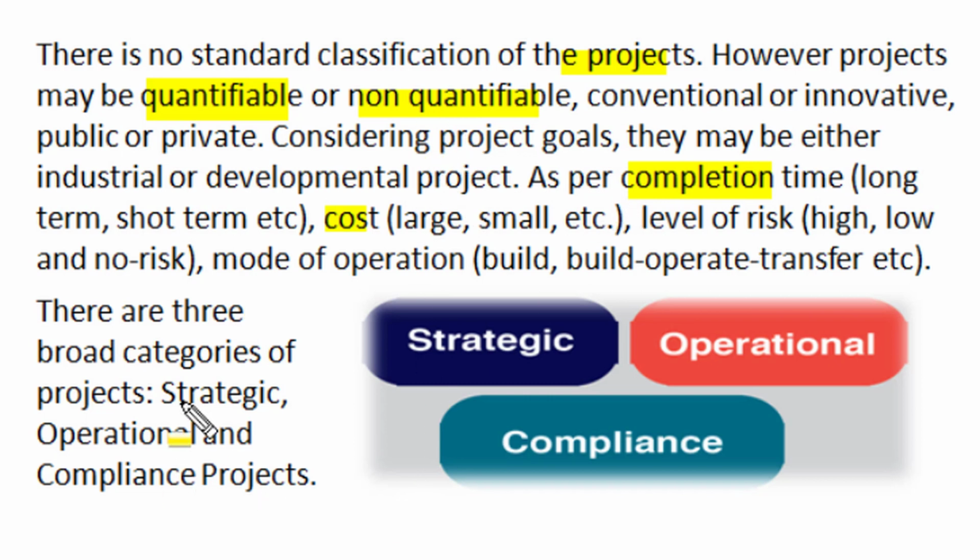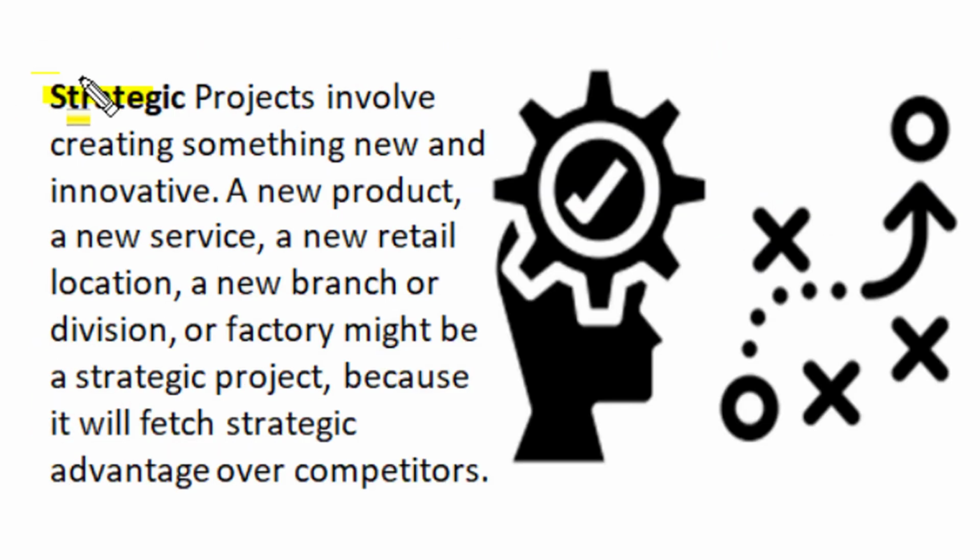Now, as per basic category, projects are classified in three broad categories. They are strategic projects, operational projects, and compliance project. Let's first understand these three broad category of projects. Strategic projects are basically innovative projects as they involve creating something new.